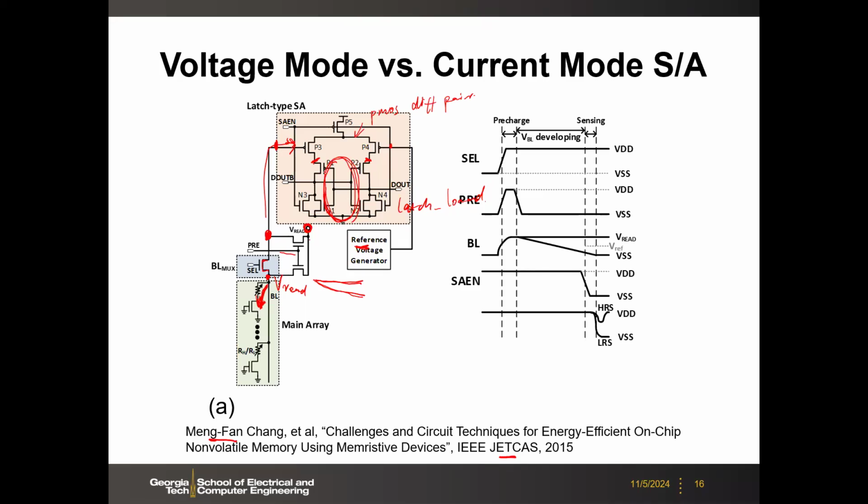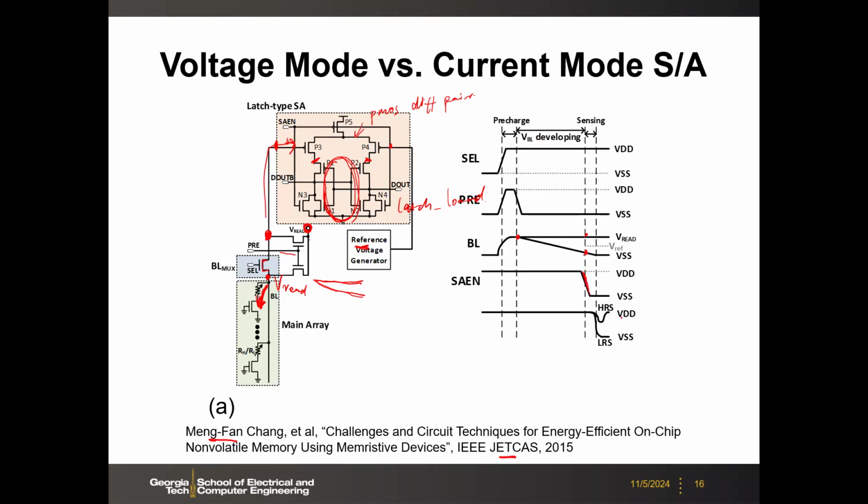Okay. And here is the timing diagram. After the pre-charge, your bitline is pre-charged to the V read, and then depending on the decay rate, after a certain time, we call the bitline voltage development time window, you turn on the sense amplifier enable. In this case, it's a PMOS, so it goes to low.